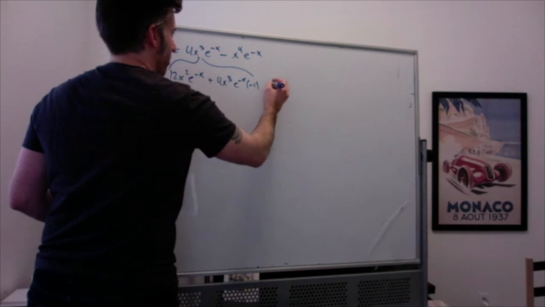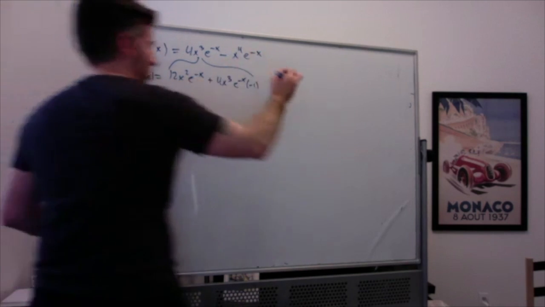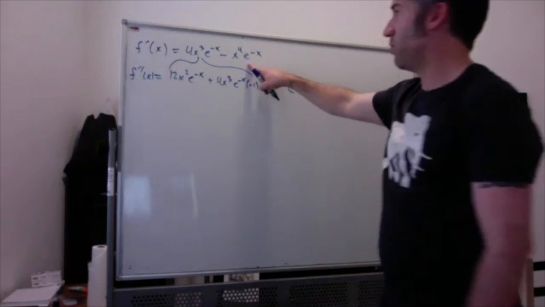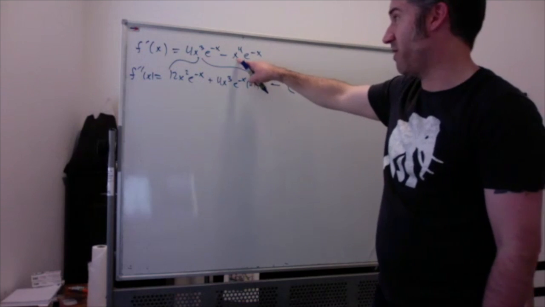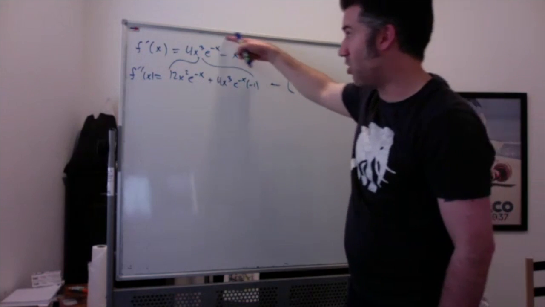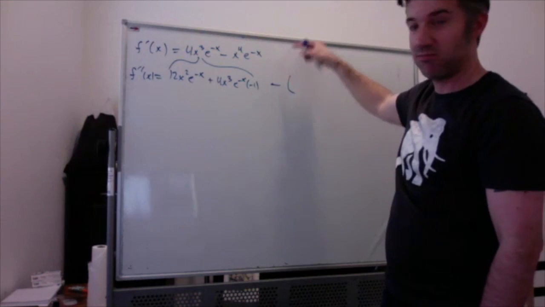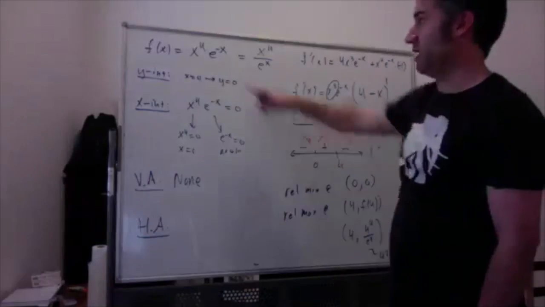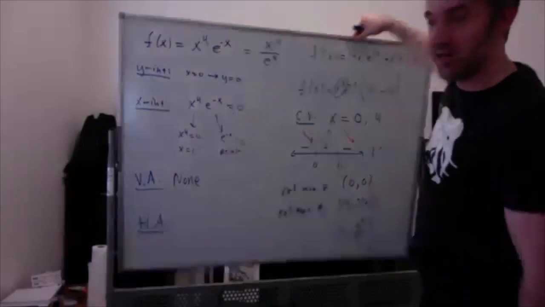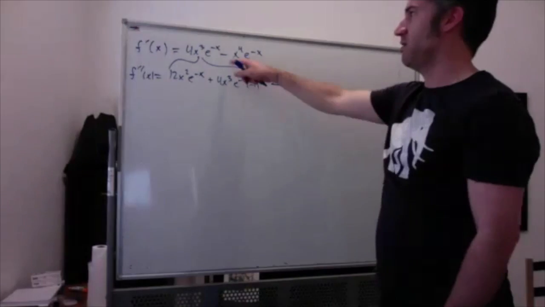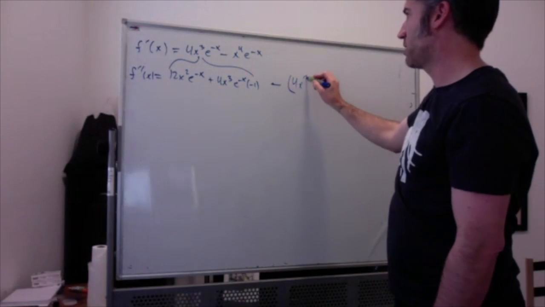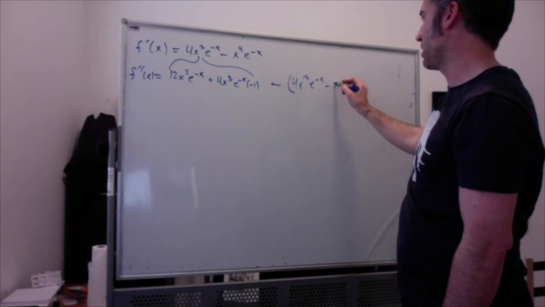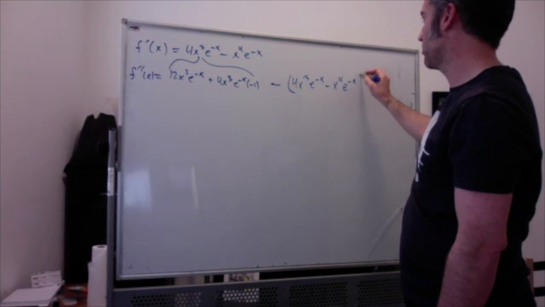And then minus, use the product rule here. We already did that one though, right? The derivative of x to the fourth e to the negative x is 4x cubed e to the negative x minus x to the fourth e to the negative x.